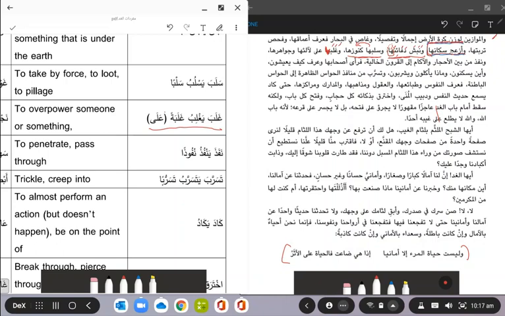So if the ha wasn't there, it would have been much clearer, but keep in mind that it doesn't really affect our understanding. There are some verbs that require two objects, two maf'ul bihis in Arabic. The very common verbs you will always hear in examples are these two verbs, which is kind of cool: salaba and ghalaba. They will bring these examples to say that these two verbs require two maf'ul bihis.